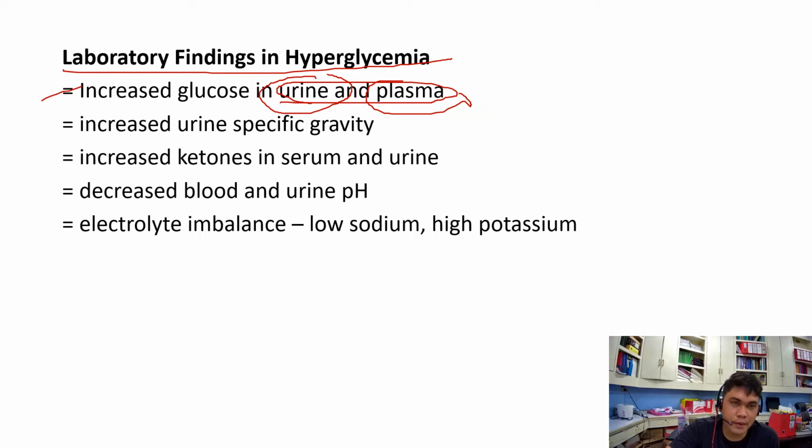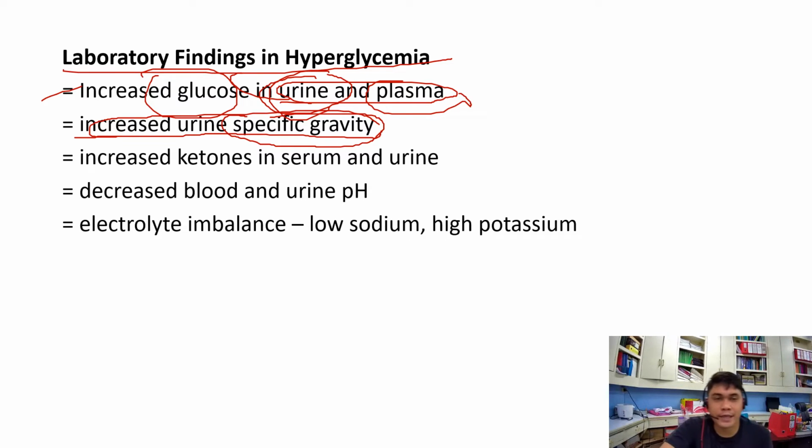Next is increased urine specific gravity. The reason for the increase in specific gravity of urine is the increase in glucose in urine. The more substances, the heavier the specimen, so it will have increased specific gravity. Then next is increased ketones in serum and urine.